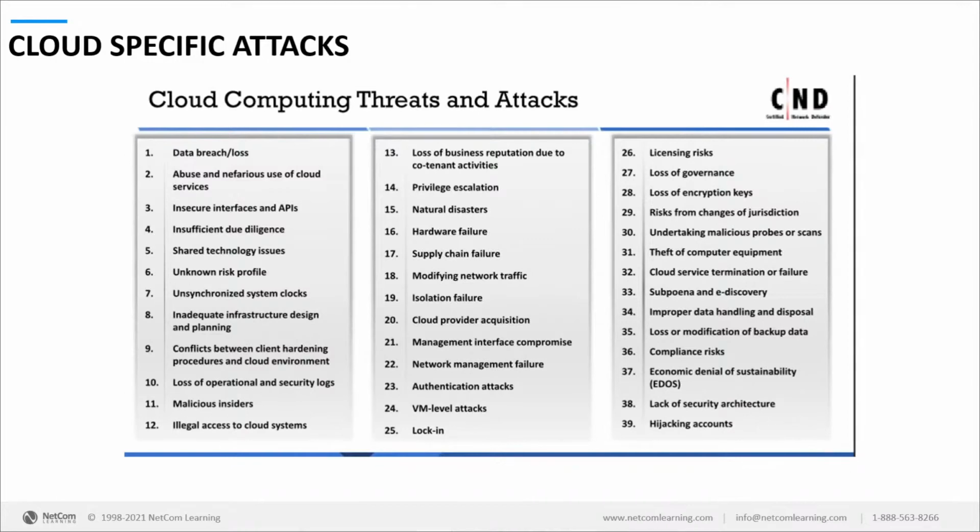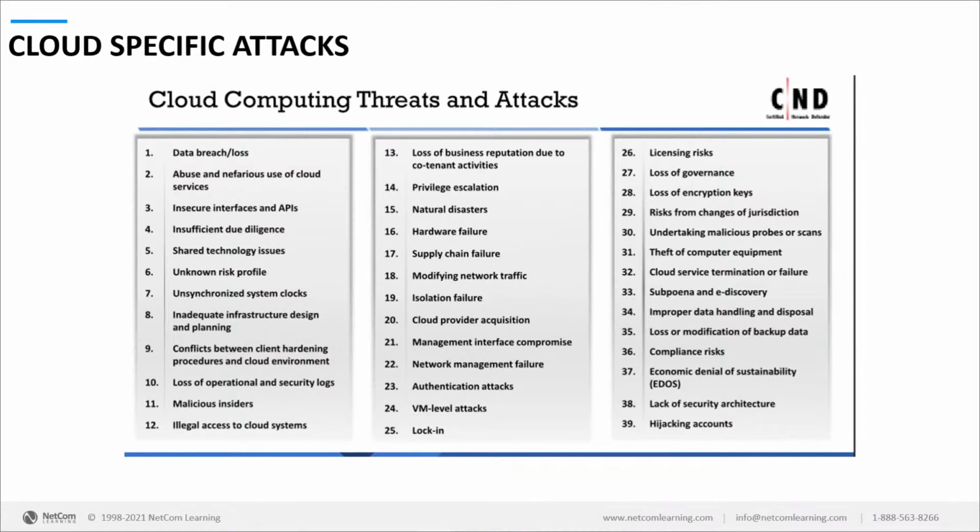Risk of changes of jurisdiction. What if you've got data in the EU and you've got some issues where you have to deal with both the local laws and the EU laws at the same time? Theft of the computer equipment is always a big one.